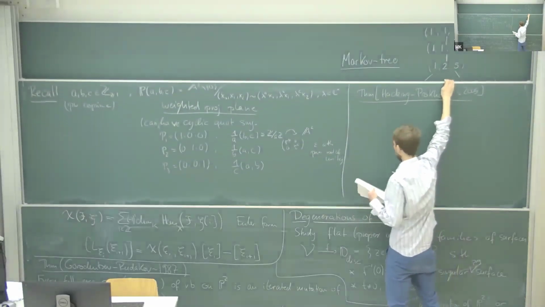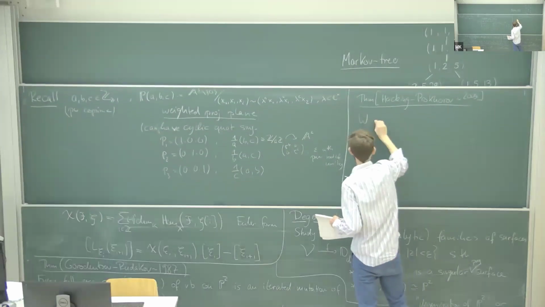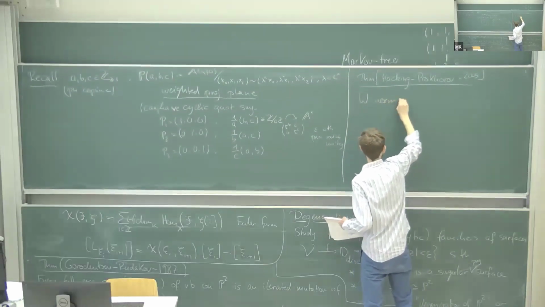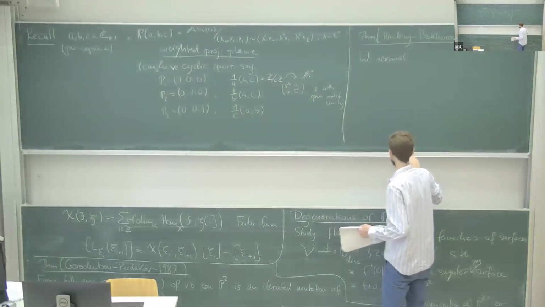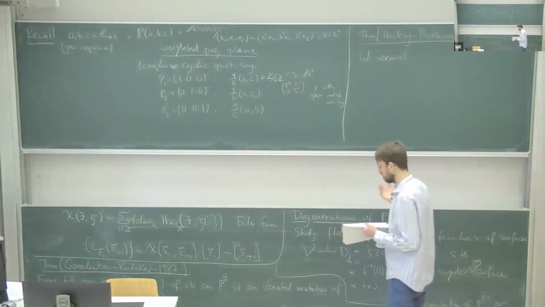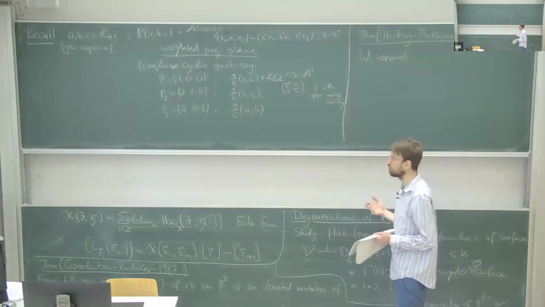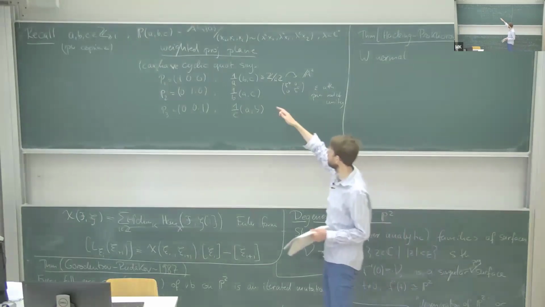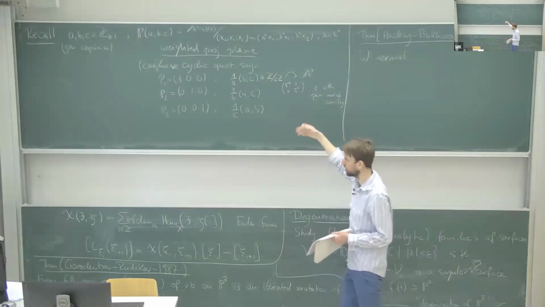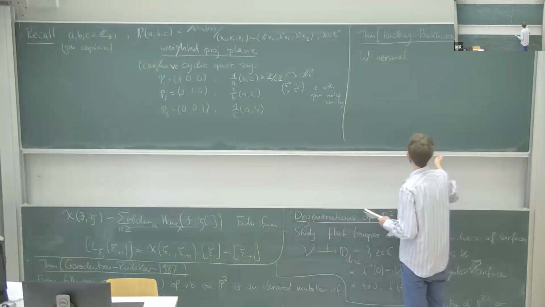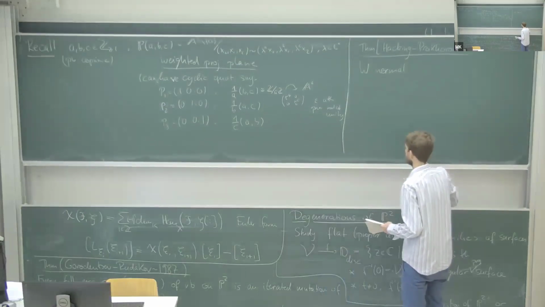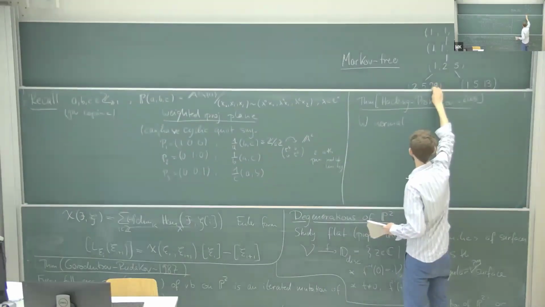So if W is a normal surface with only quotient singularities, so in principle here we would allow more general quotient singularities than just quotient singularities coming from cyclic groups. Unfortunately this blackboard moves all the time.